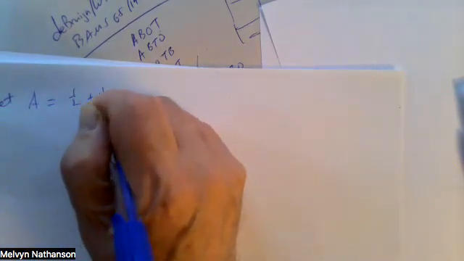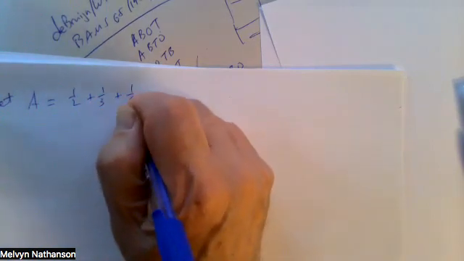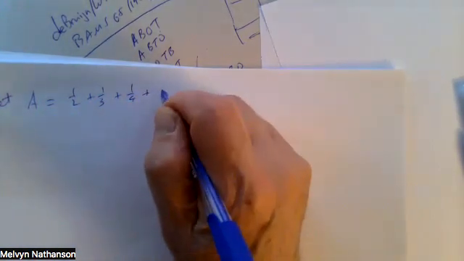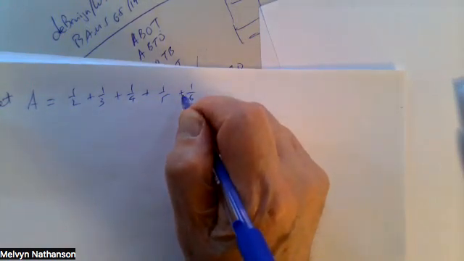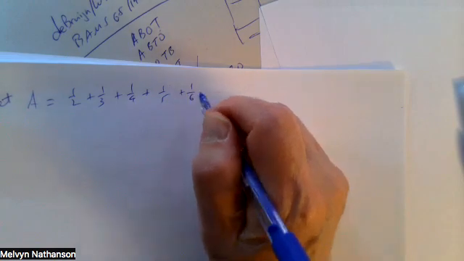So suppose we let A be the series a half plus a third plus a fourth plus a fifth plus a sixth and so on.